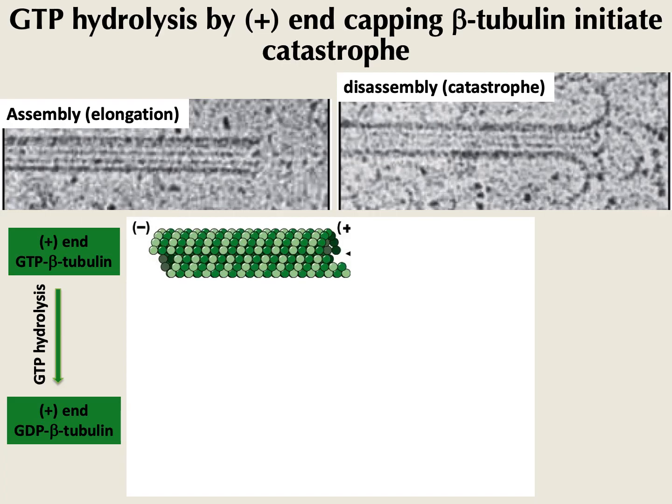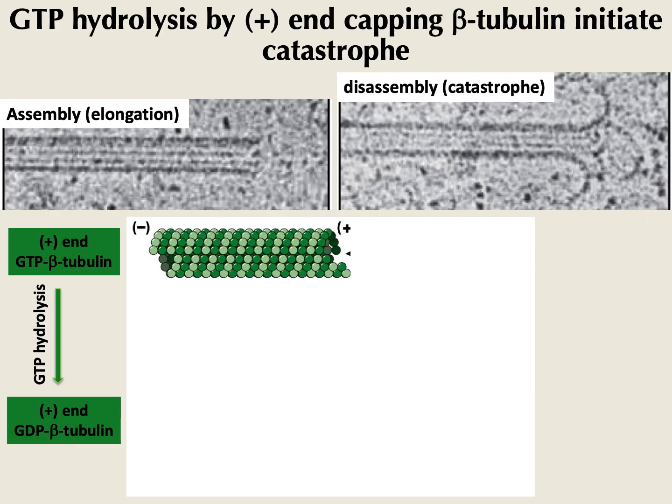But if, before the addition of the next dimer on any of the 13 protofilaments, there's GTP hydrolysis of the beta tubulin of the last one, now it causes a change of conformation.